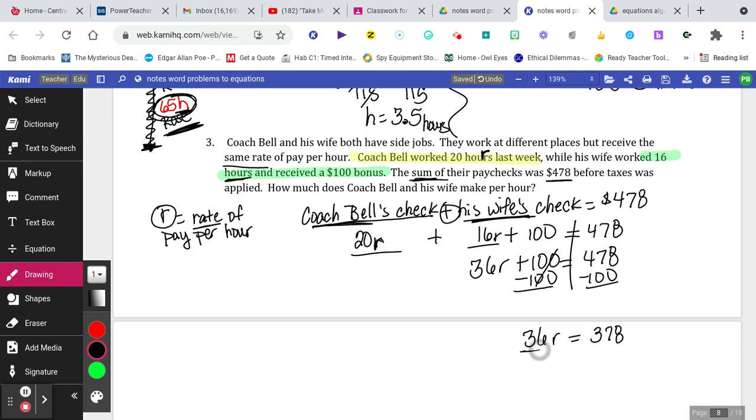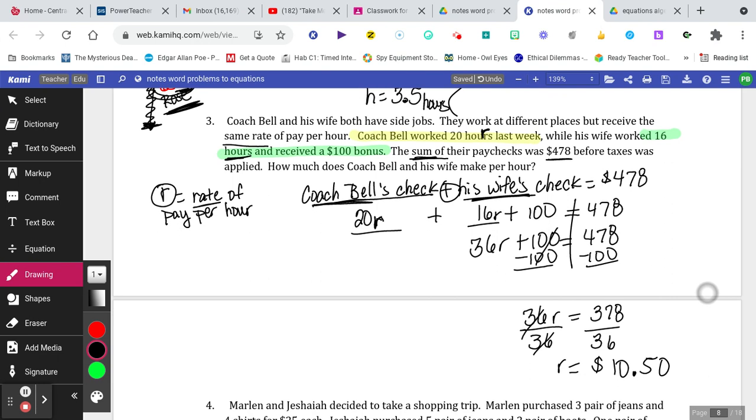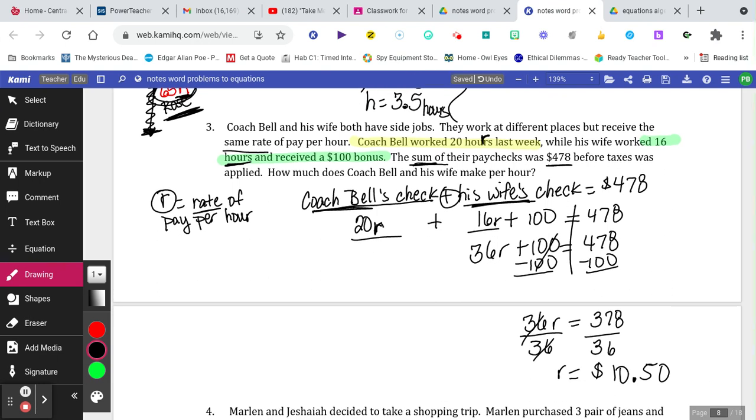You're going to divide both sides by 36, and let's see what each person makes per hour. 378 divided by 36. The calculator says 10.5, but to make it look like money, add a zero after. So Coach Bell and his wife both make $10.50 per hour.